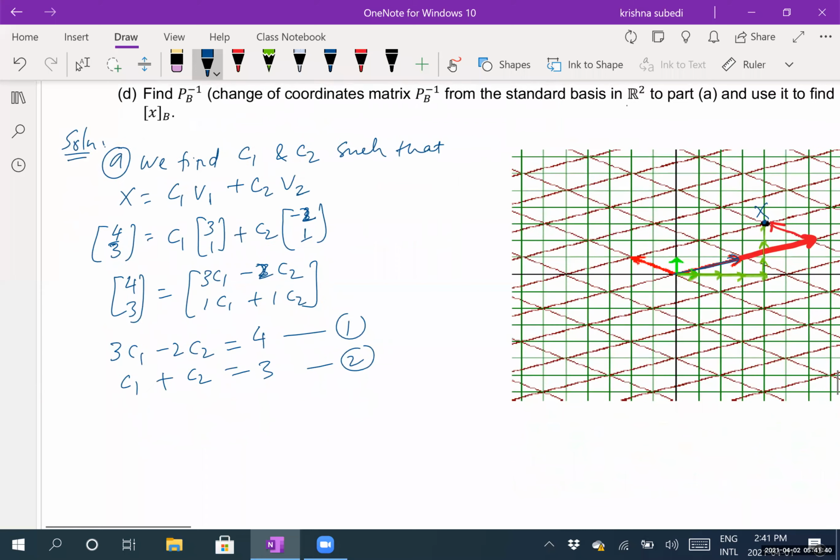All we need to do is solve these two equations. Can you please solve and let me know what is the answer? What is C1 and C2?